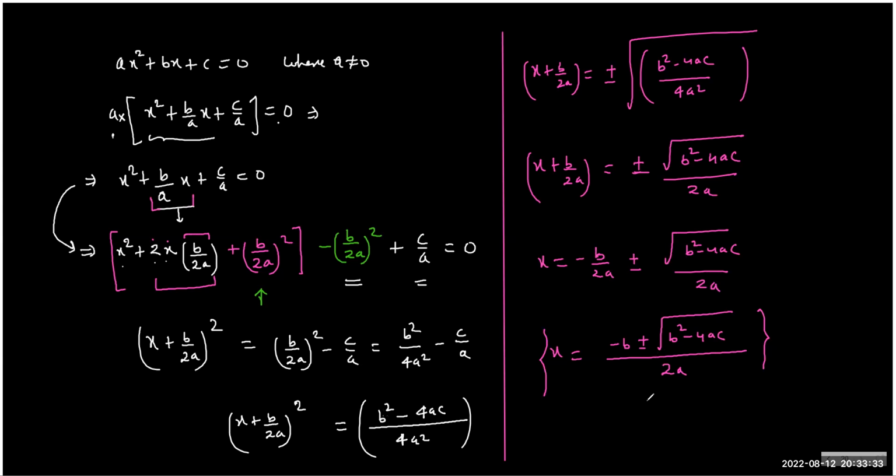So a quadratic equation will have maximum two possible solutions. I'm saying maximum two. It could have no solution, one solution or two solutions. That maximum is two.